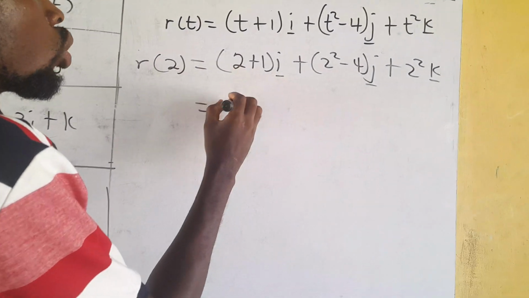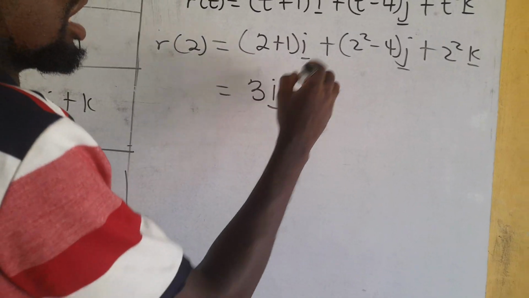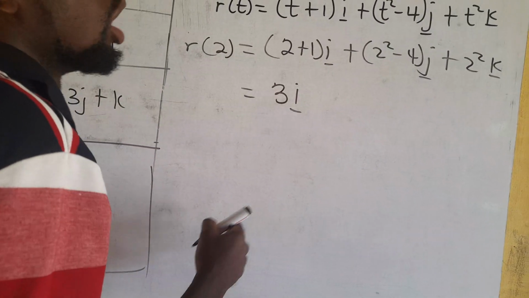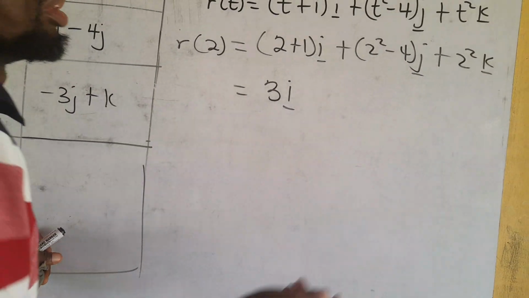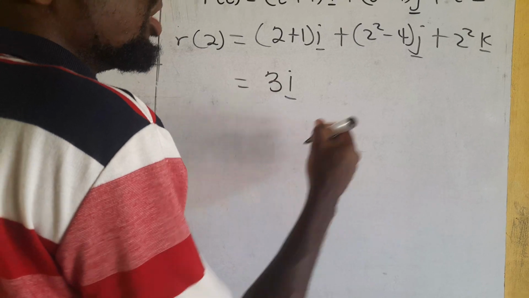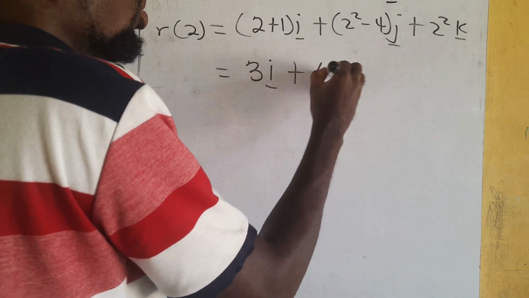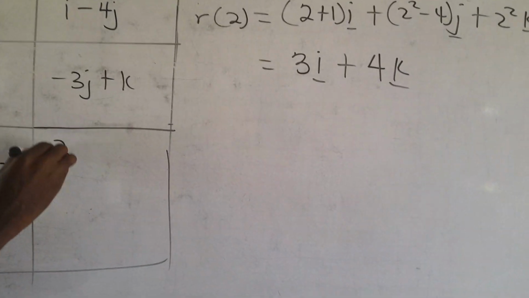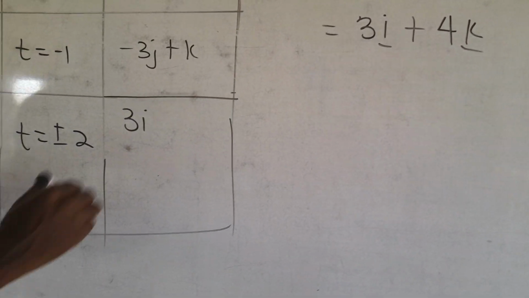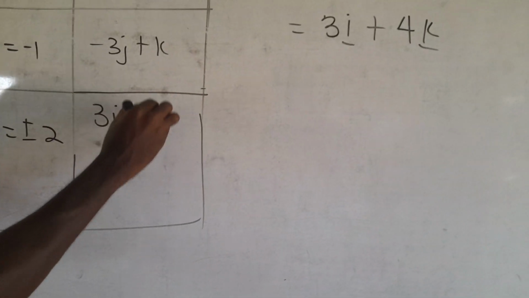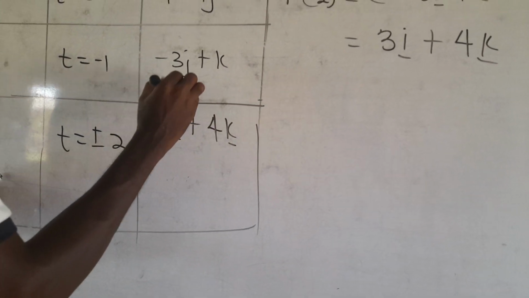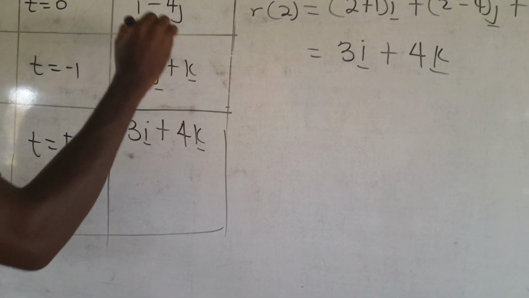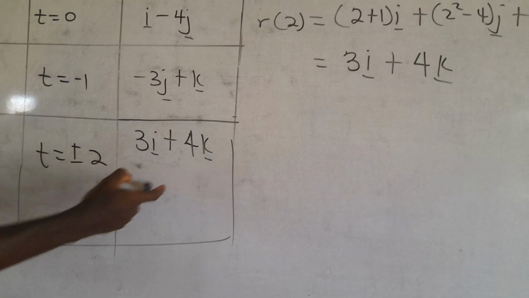This will be 2 plus 1, that will be 3. Then 2 squared is 4 minus 4, that will be 0, so times j will still be 0. Then 2 squared is 4, so we'll have 4 in the k direction. So our first vector there in the coordinate plane will be 3i plus 4k. I hope you get that. This may emphasize that the j component will miss.